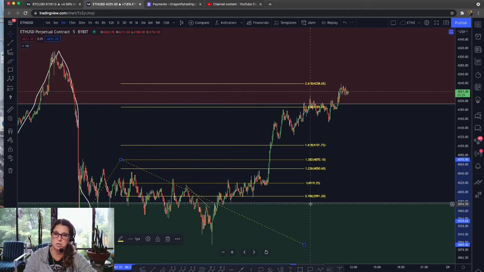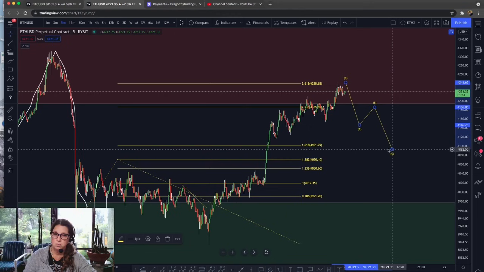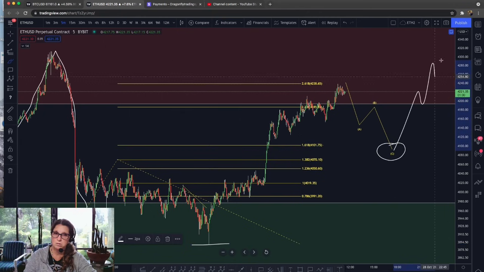We need to watch it for what type of correction it is giving us. Is it giving us a very controlled ABC down, which would suggest that this is the start of something. Stop loss, and you get the picture, without financial advice.